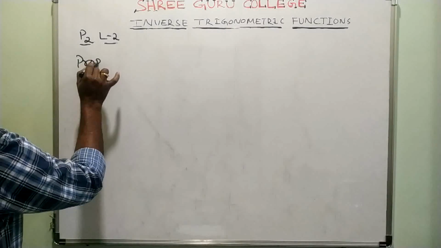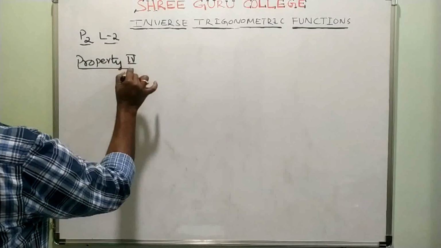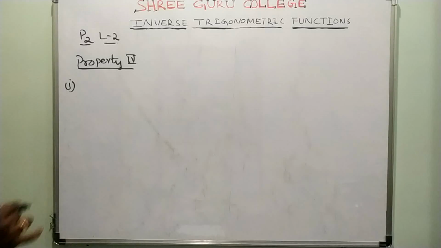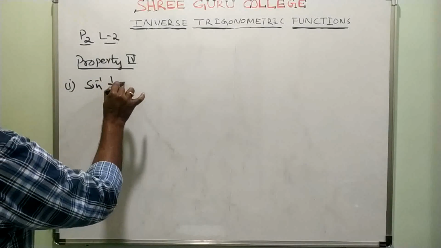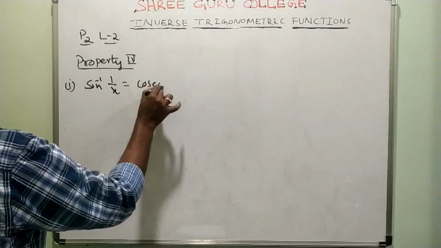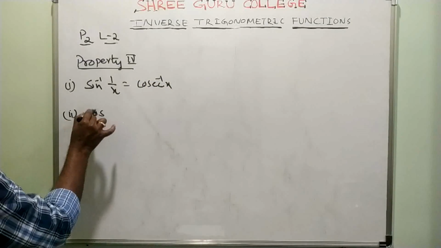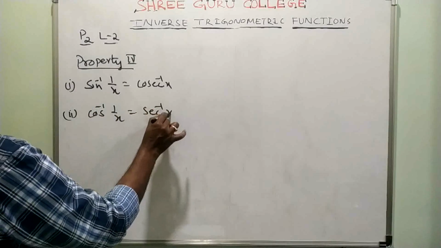Property 4. What is property 4? Sin inverse of 1 by x is cosec inverse of x. Cos inverse of 1 by x is secant inverse of x.